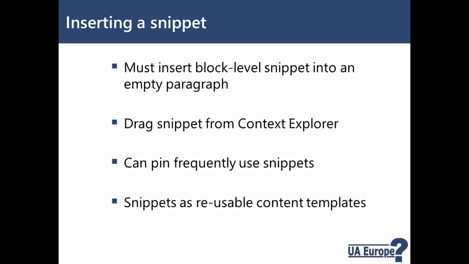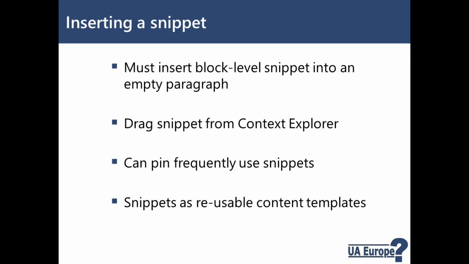And I'm also going to show you something that I don't think snippets were really designed to do, and that is that I use snippets as templates for new content. For example, when I'm going to insert a 3-column table into a topic, I don't usually do that by using insert table.